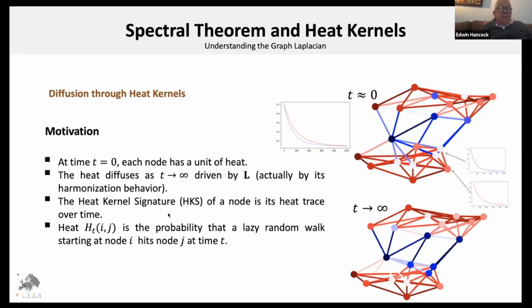And this is just the probability that a lazy, continuous time random walker starting at node i hits node j at time t. And here what I've done is I've illustrated the heat diffusion across the graph with time going from t equals 0 to t equals infinity.